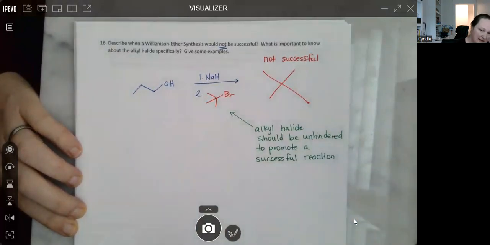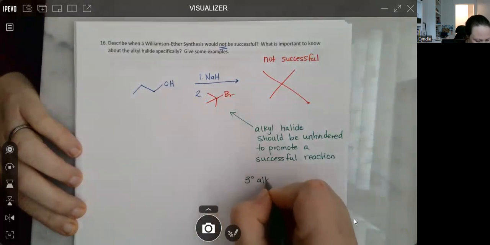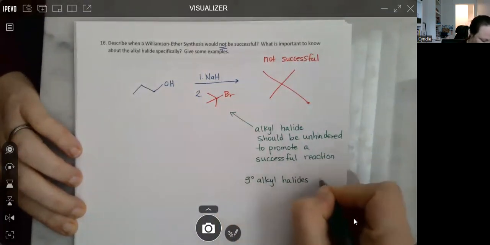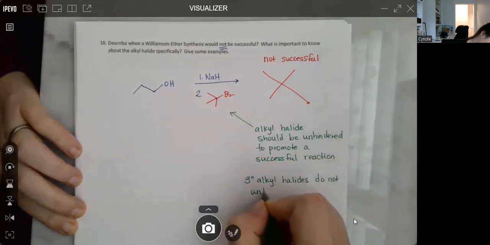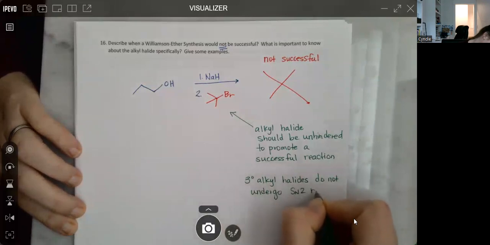Right, and then maybe some more information. Tertiary alkyl halides do not undergo SN2 reactions.